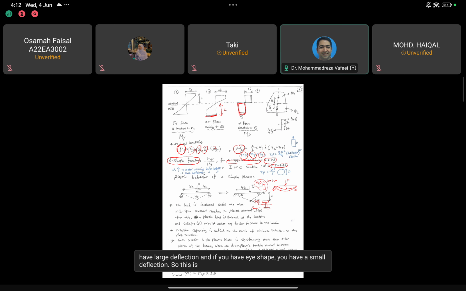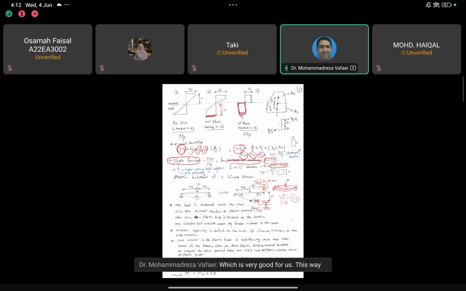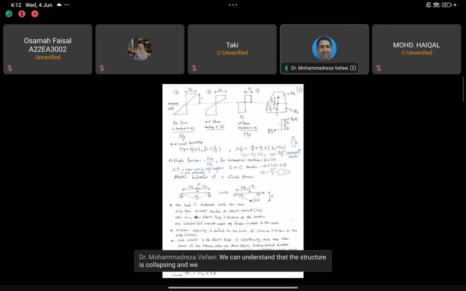So this is the difference between these two. Almost 1.5 divided by 1.17, which is almost 1.4 times the larger deflection you will see for the rectangular section, which is very good for us. This way, we can understand that the structure is collapsing and we can leave the building.